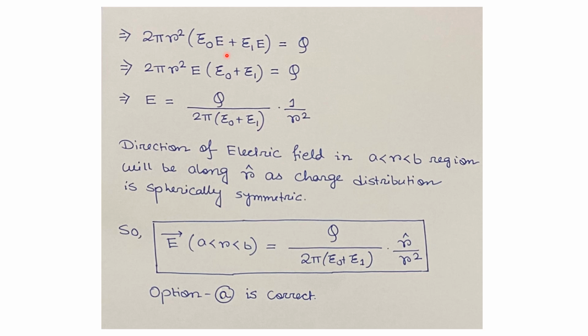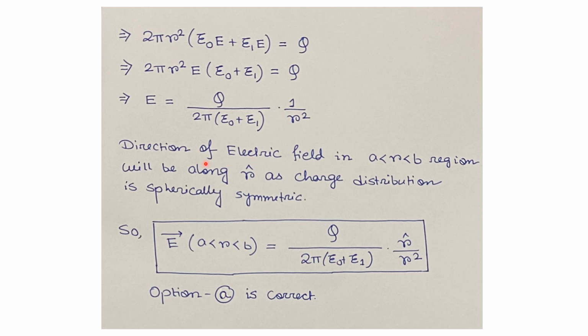So we'll take E, the electric field, as common. We'll get 2 pi r square E times (epsilon naught plus epsilon 1) equals q. So our electric field is q by 2 pi (epsilon naught plus epsilon 1) times 1 by r square.